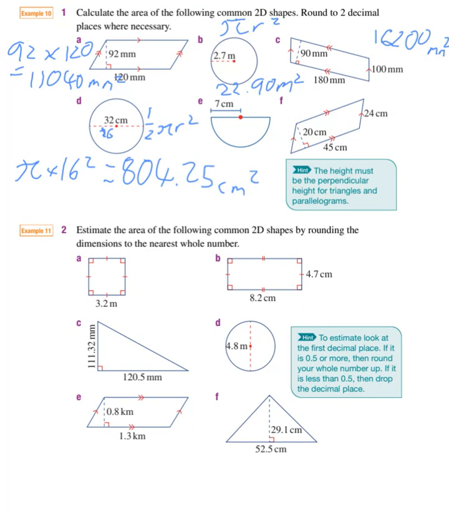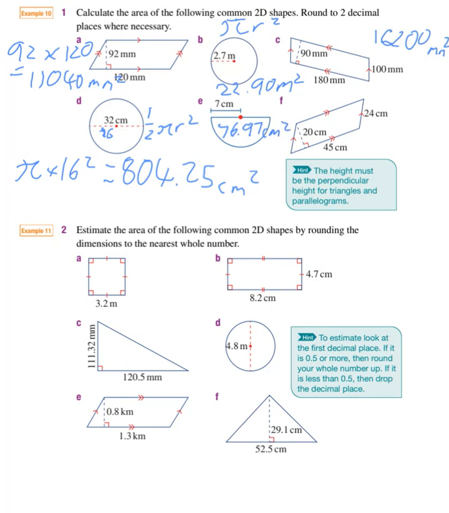Your r will be 7 centimeters, so it'll be half times pi times 7 squared. And it should get you 76.969, which will round up to 76.97. And that is centimeters squared.